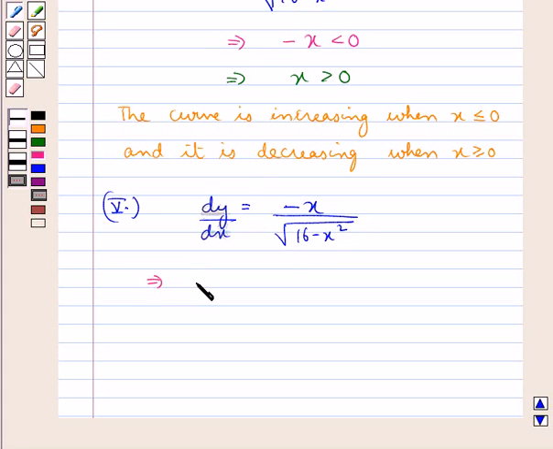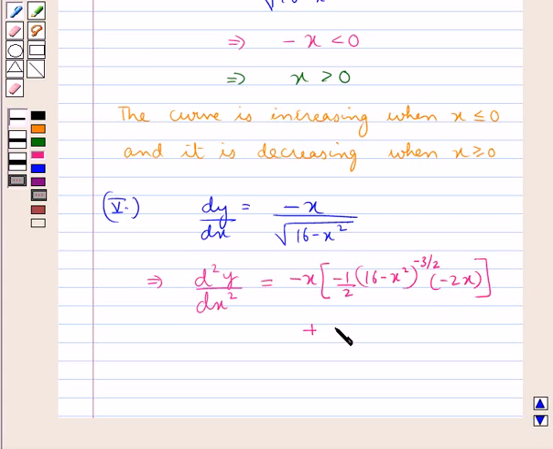Now from here we have d2y by dx2 is equal to minus x into minus 1 by 2 into 16 minus x square the whole to the power of minus 3 by 2 into minus 2x, the whole plus 16 minus x square to the power of minus 1 by 2 into minus 1.